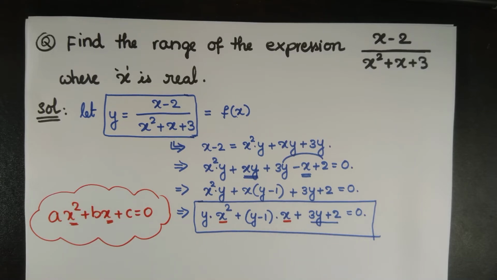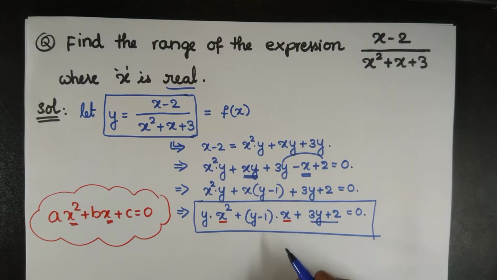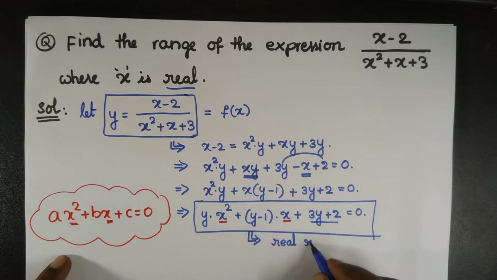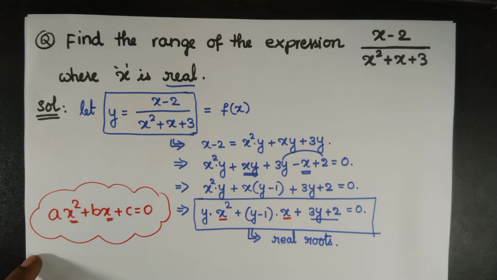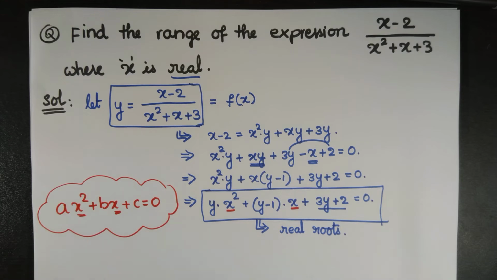All right, so now what could we do? Now x is real, right? And this quadratic equation must get real roots. So I want real roots for this. So when can we obtain real roots here? We can obtain real roots when the discriminant is positive or equal to 0, right?